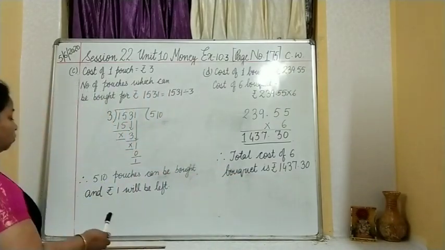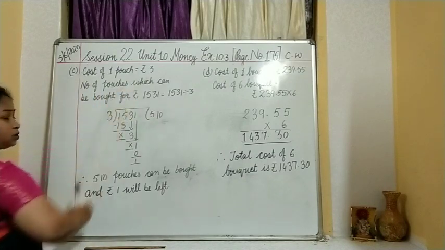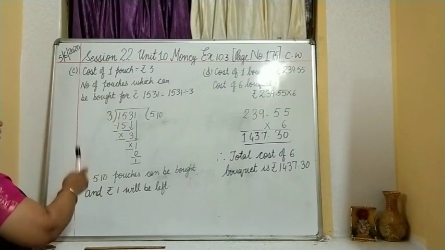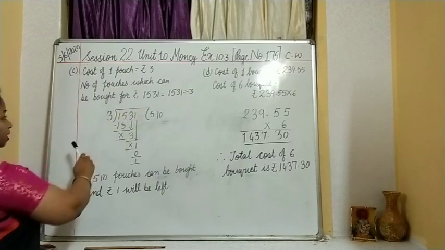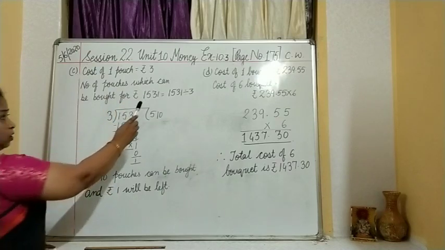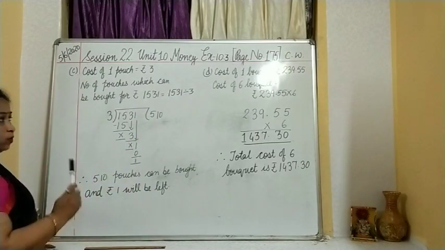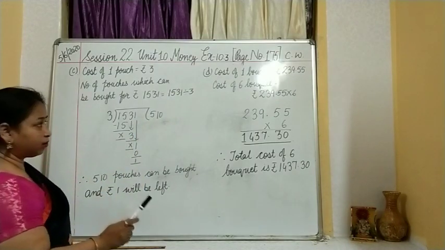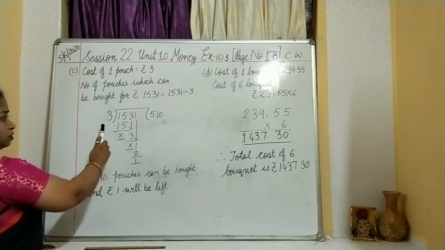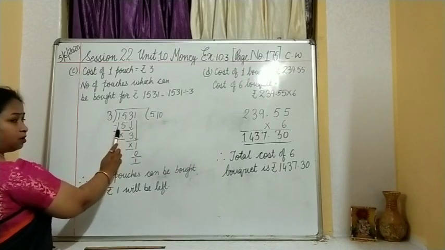Okay. So cost of one pouch is given as 3 rupees. Then number of pouches which can be bought for rupees 1531 divided, children. Okay. 1531 divided by 3. Now divided, 3 5s are 15.